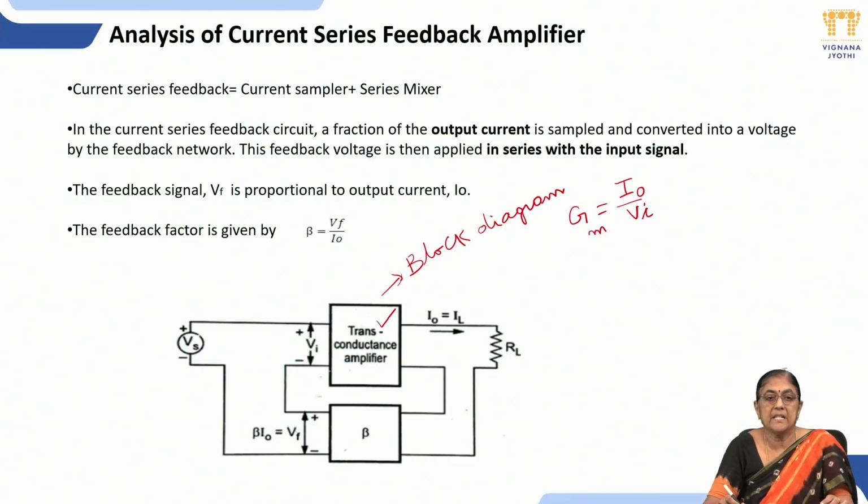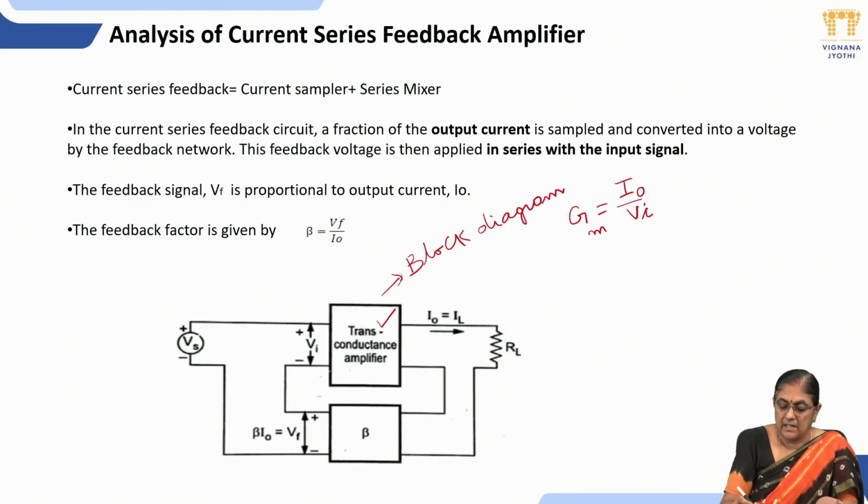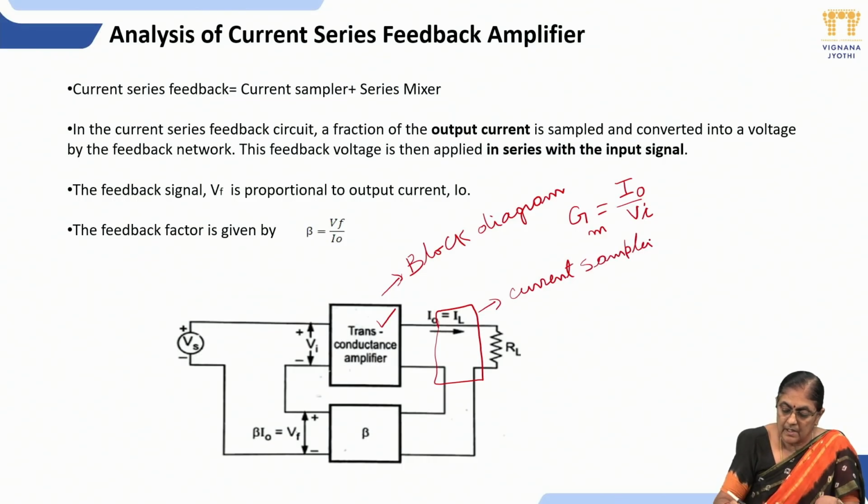In current series feedback amplifier, the type of sampler used is a current sampler. So this is the connection for current sampler. In current sampler, input terminals of the feedback network are connected in series to output terminals of the basic amplifier.